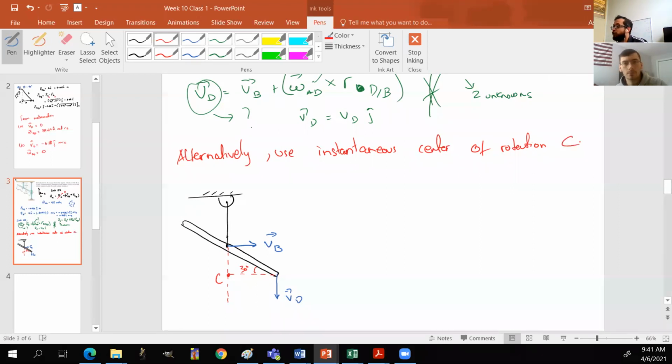In the instantaneous center, you can describe the motion of any rigid body at a particular instant from a point whereby all the velocities intersect. Right? That's what we derived last time. So now you can even do it for VA, whereby you draw a line there, then you know that the velocity of that point is going to be perpendicular to that line, right? So you've got point B, point D, point A over here.